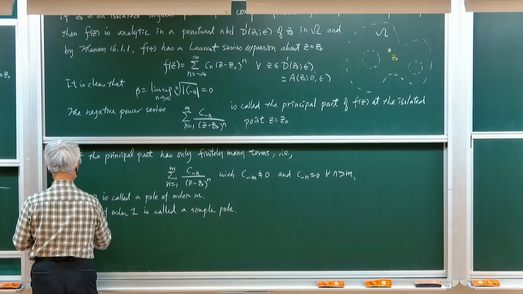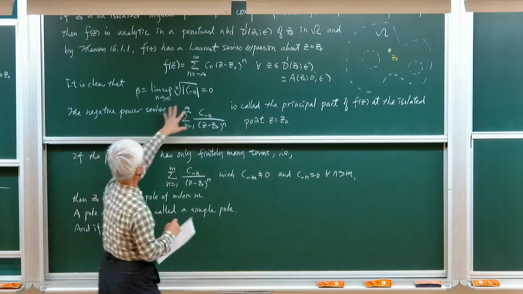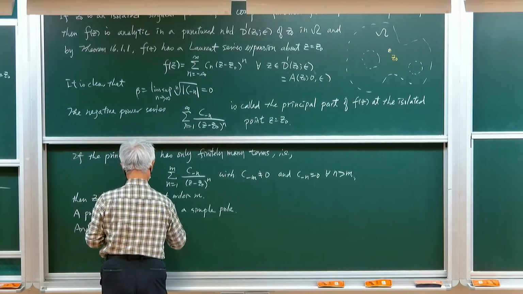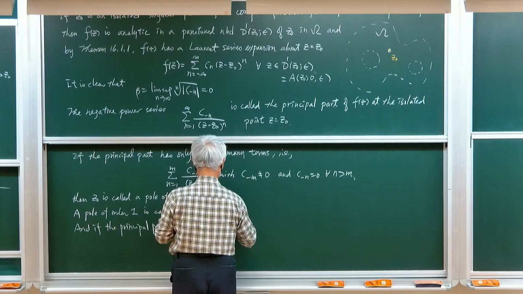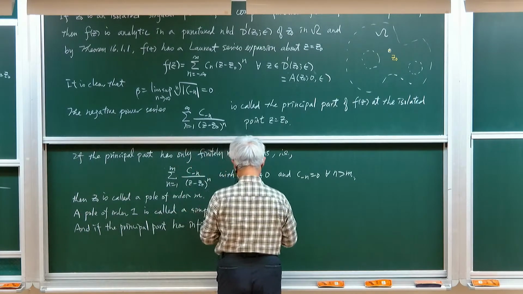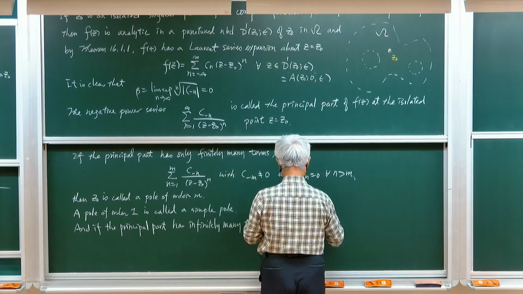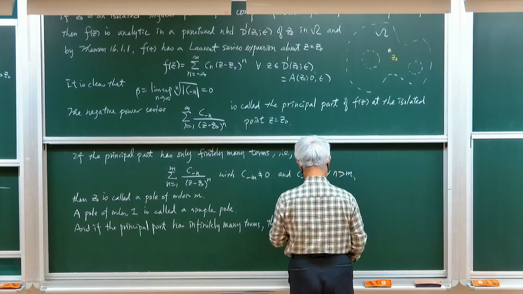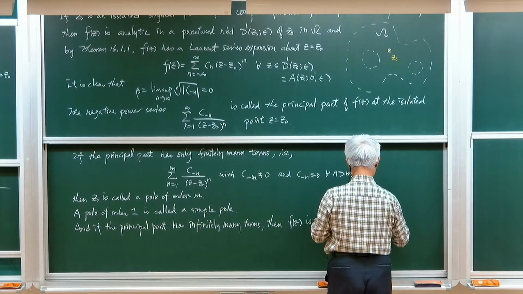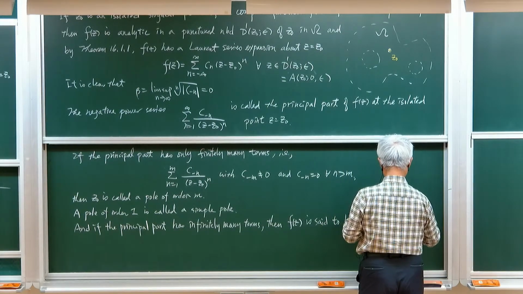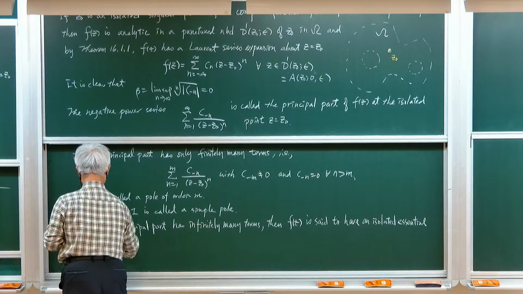Now, the other case: if the principal part has infinitely many terms, then f of z is said to have an isolated essential singularity at z equal to z0.